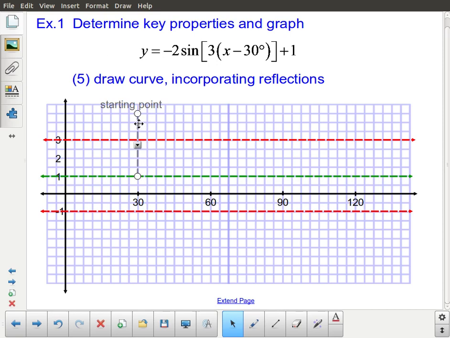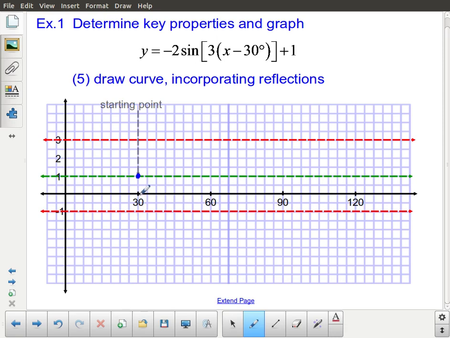I'm going to move this up just a little bit, hopefully to make it clearer. That arrow is pointing right here. So there's our starting point.